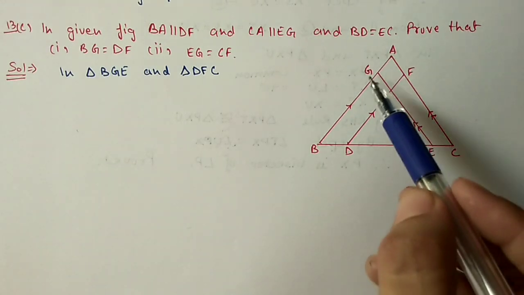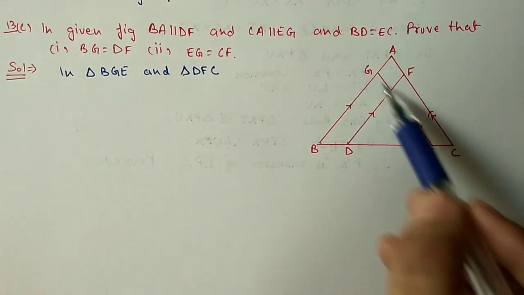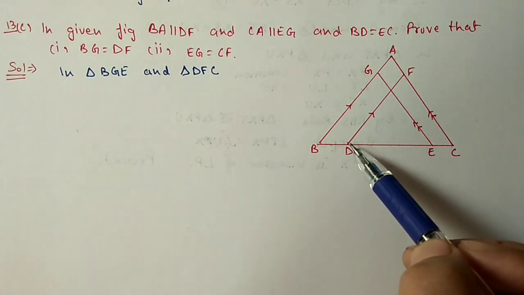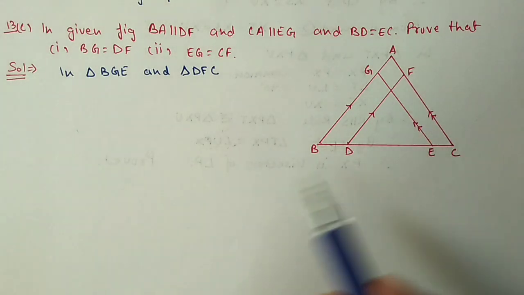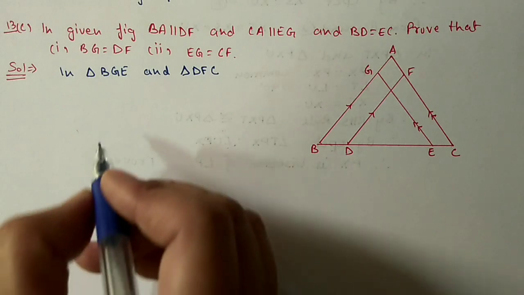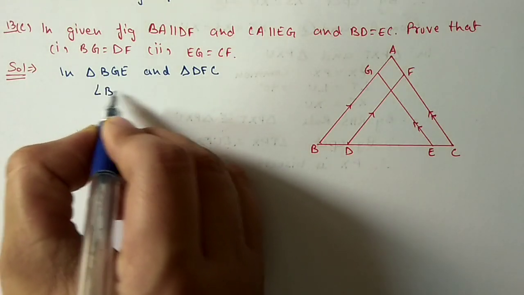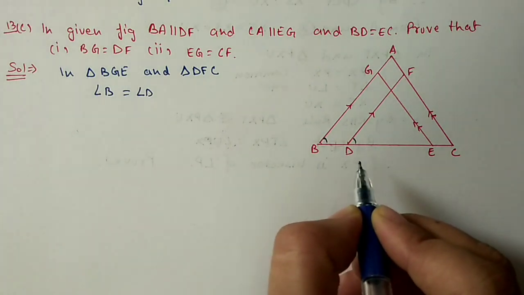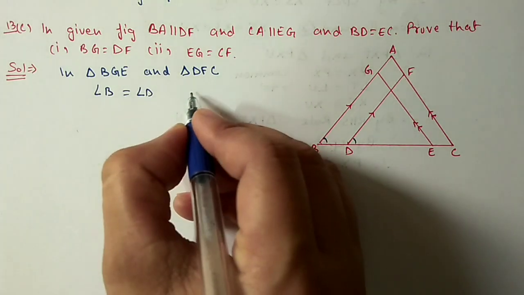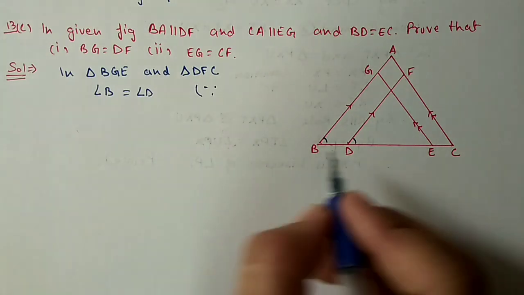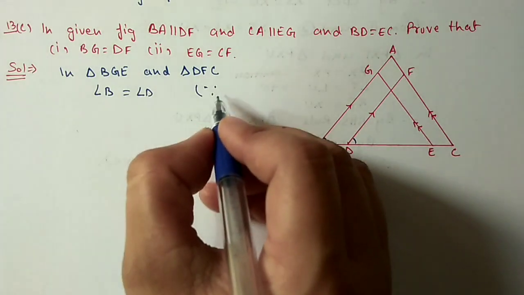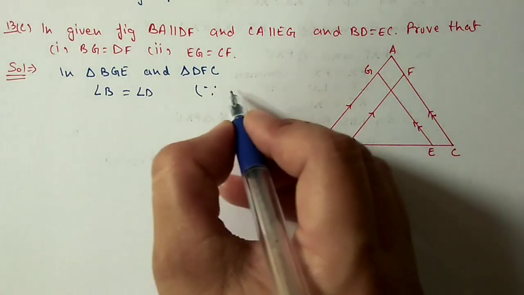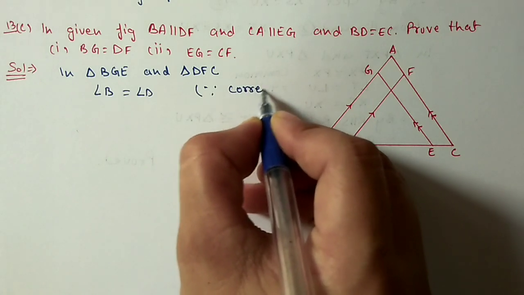So first we will take these two triangles, triangle BGE and triangle DFC. In these two triangles, we can say angle B is equal to angle D. These two angles are equal because these two lines are parallel, and these are corresponding angles.